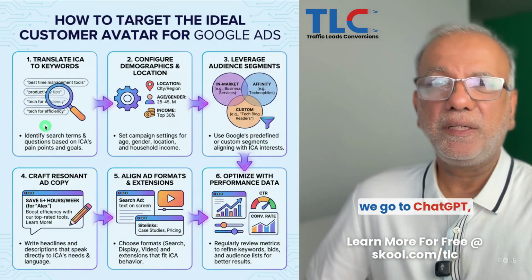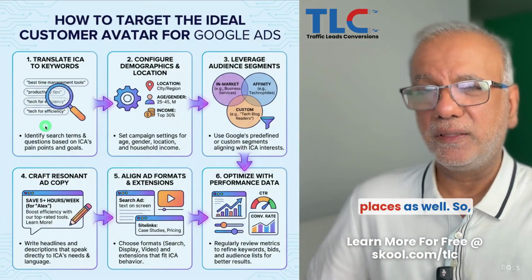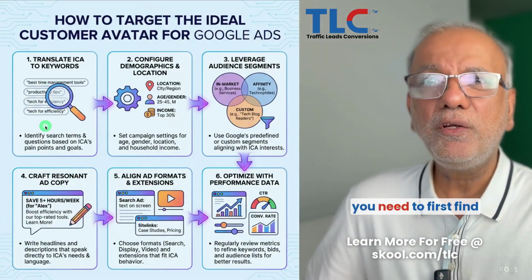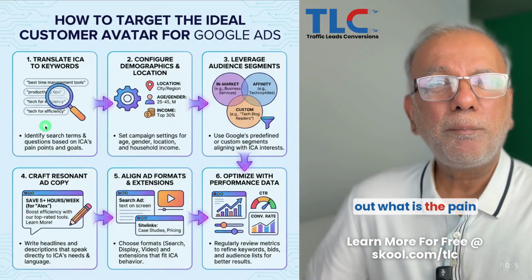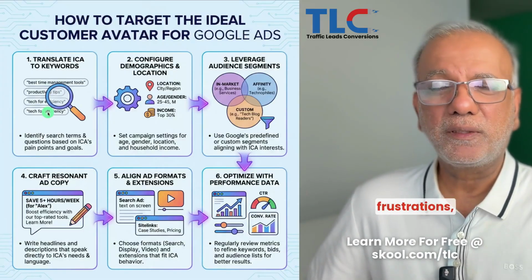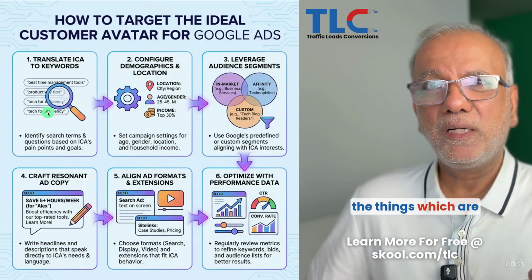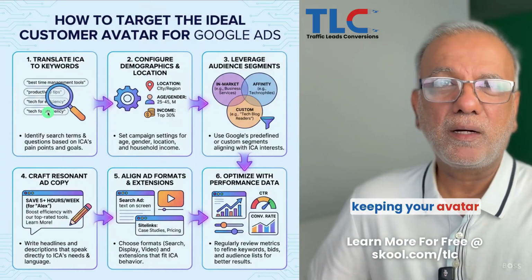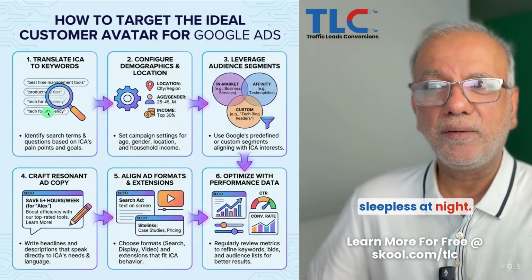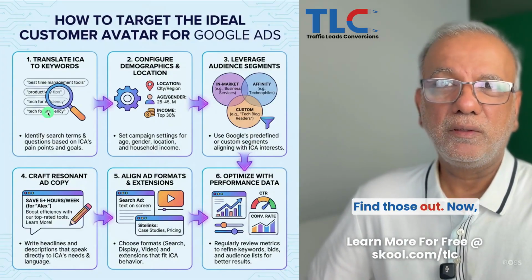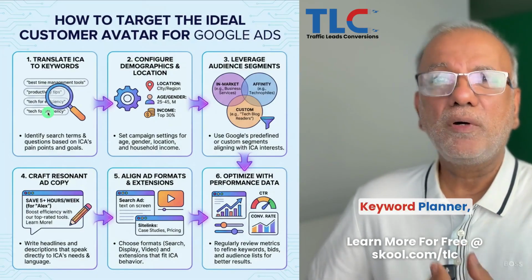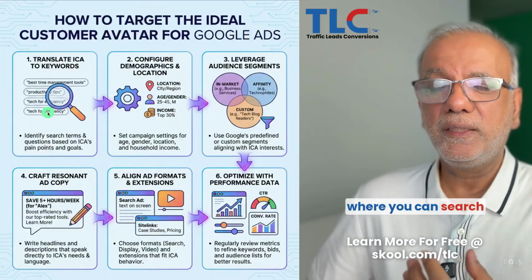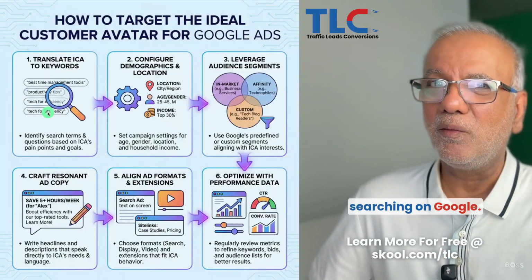Nowadays, we go to ChatGPT, Gemini, and all these other places as well. So you need to first find out what is the pain point, the challenges, frustrations, the things which are keeping your avatar sleepless at night. Find those out. Now you've got the Google Keyword Planner as well, where you can search for what people are searching on Google.